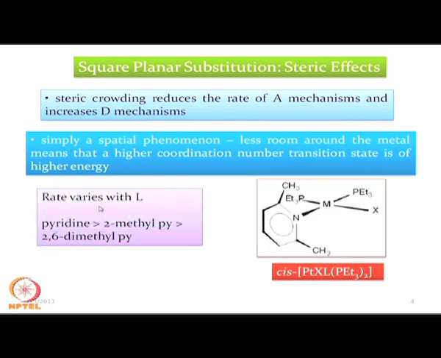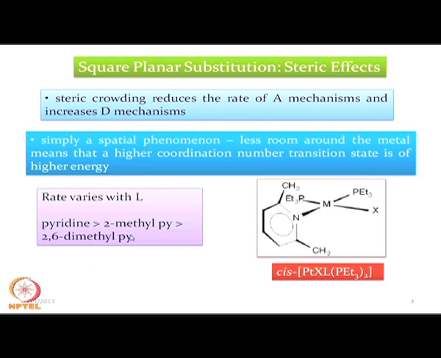In this case, the rate of the substitution reaction for this molecule basically varies with respect to the different types of L groups. When L is less sterically crowded, that means only pyridine, where these two carbon atoms have hydrogen atoms attached, it is the simple pyridine molecule.